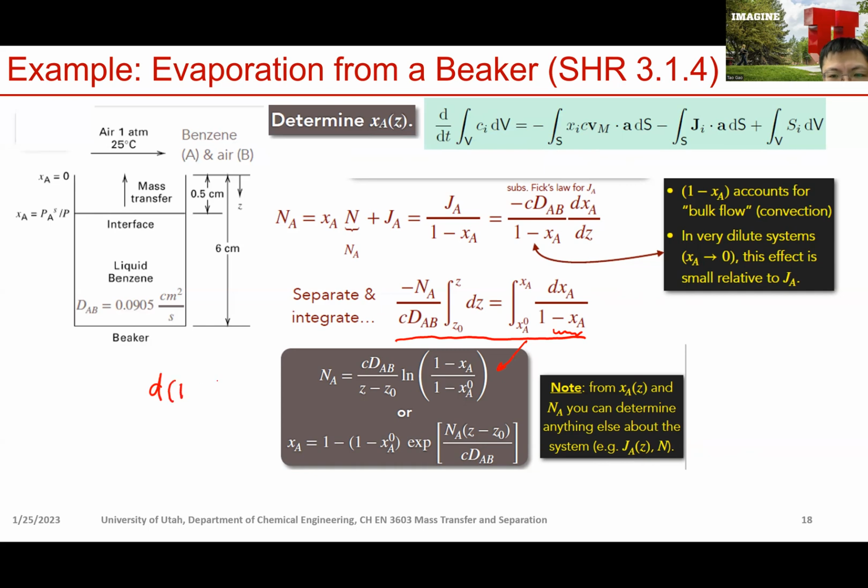You need to write it in this way. So you have to modify this into this form. But by doing so, you introduce a minus sign to xa. That needs to be compensated on the left-hand side of this equation, so you also need to add a minus sign to the left-hand side.